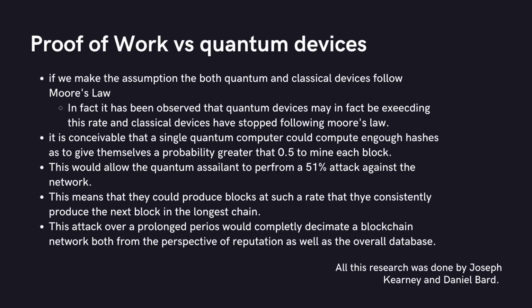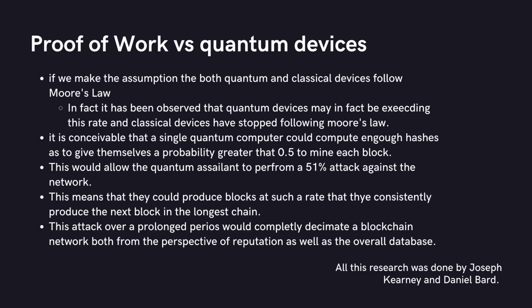So how realistic is this attack really? Because what we are talking about is one single quantum device being able to perform more computations than the entirety of the Bitcoin network, which has the highest hash rate overall. Over time, if we apply the quadratic advantages from the previous video, this could actually be possible in the future. This is predicted to exceed Moore's law, which is in fact becoming less correct about classical devices.